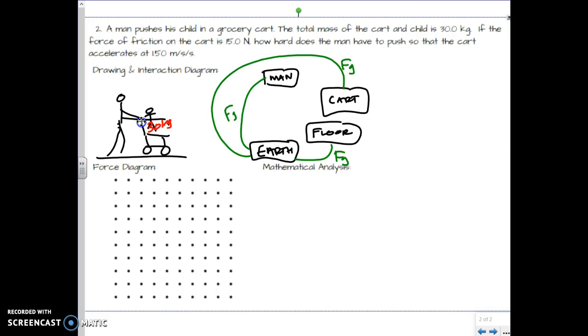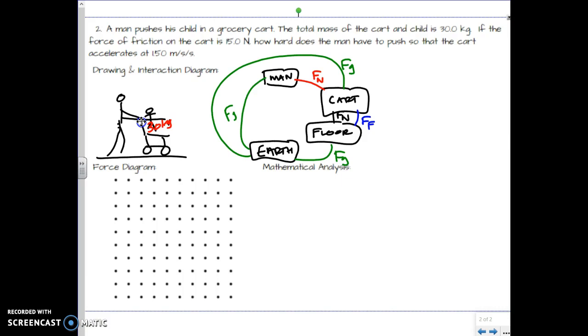Then we are going to have a normal force between the floor and the cart, Fn. We will have a friction force between the floor and the cart. I got a little tip off about that because it says so in the problem here. And then the cart is being pushed by the guy as well, so there's going to be a normal force of the guy pushing on the cart.